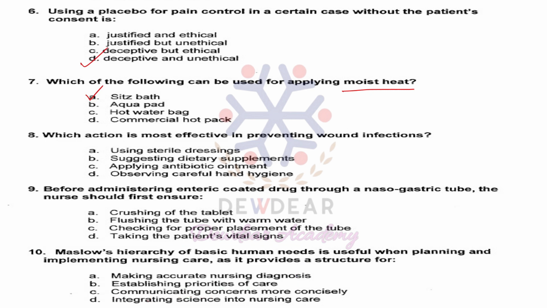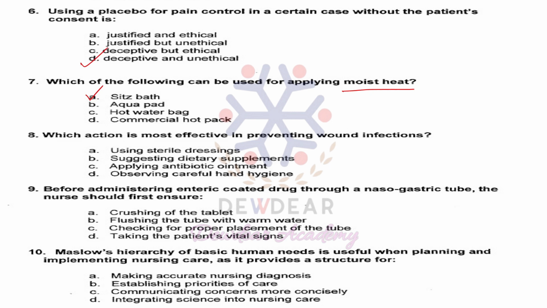Then question number 8. Which action is most effective in preventing wound infections? Options are using sterile dressings, suggesting dietary supplements, applying antibiotic ointment, observing careful hand hygiene. So these are the options. Which action is most effective in preventing wound infection?